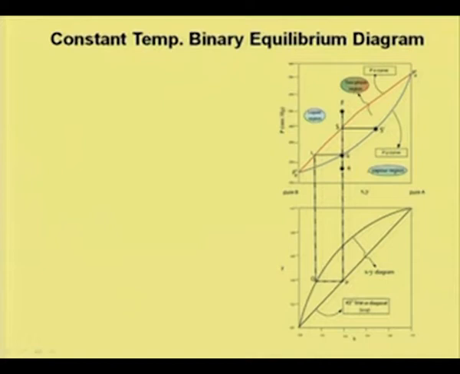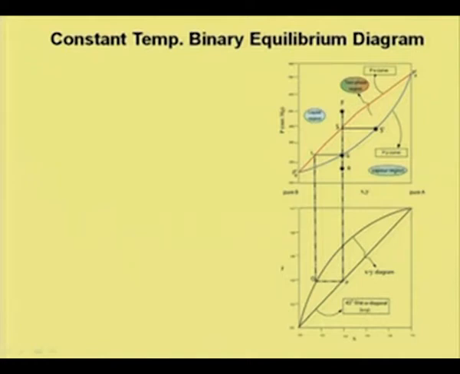The typical plot is shown over here, where the y-axis represents P in millimeters Hg and the x-axis is the mole fraction of the more volatile component, x and y. The horizontal line LG represents the tie line. The terminal points L and G are the liquid and vapor phase concentrations of the more volatile component at equilibrium.